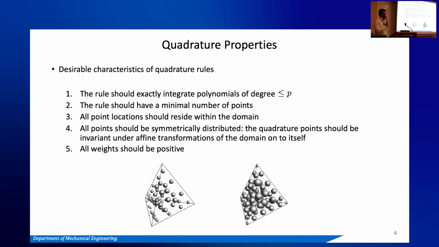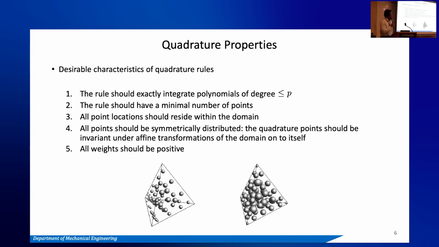Your points should be symmetrically distributed. This is probably the most controversial point here. They don't have to be symmetrically distributed, but for some reason, engineers have an aesthetic preference for things that are symmetric. It is very hard to convince them to use things that are not symmetric. So if you want people to use your rules, they kind of have to be symmetric for cultural reasons.